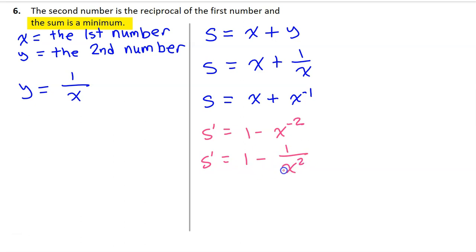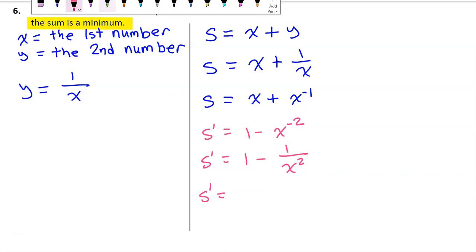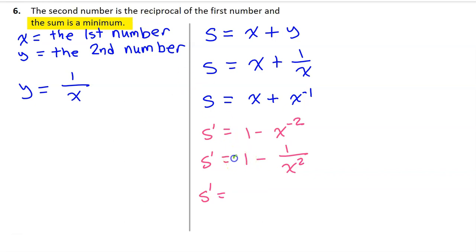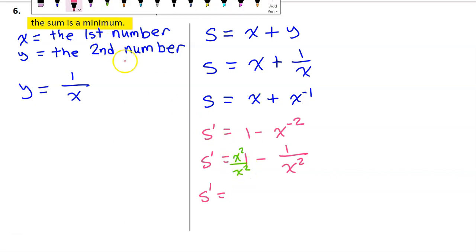When you have more than one term and a fraction is in it, it usually will make your life easier later if you rewrite this as a single fraction. We can accomplish that by multiplying this 1 by x squared over x squared. So that gives us like denominators.